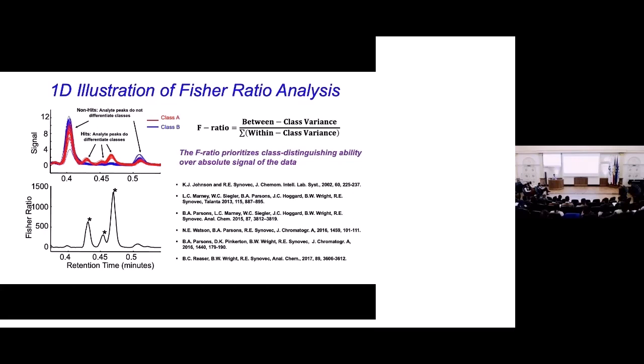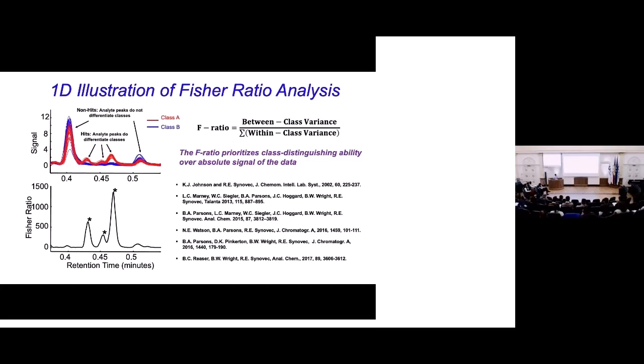If you're not familiar, real quick, the F ratio is just a statistical moment that compares between-class variance and within-class variance, and it really helps us find things that are very different between classes, while squashing down the things that may vary a little between classes but vary a lot within their own class.